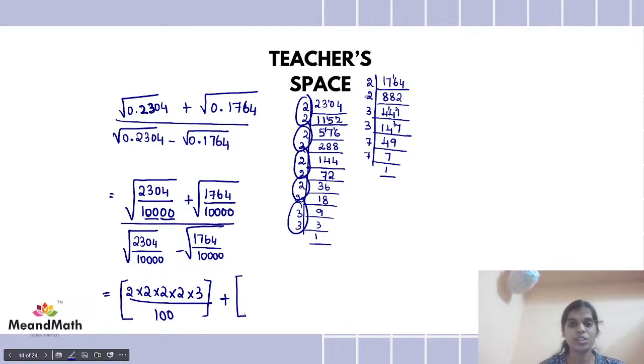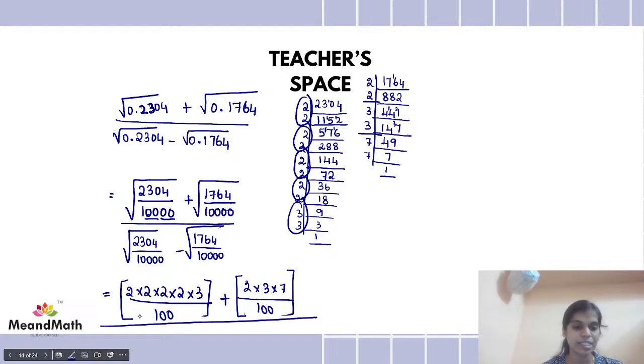Plus 1, 2, 3. 2 into 3 into 7 divided by 100. The whole divided by the same value: 2 into 2 into 2 into 2 into 3 divided by 100 minus 2 into 3 into 7 divided by 100. Okay.